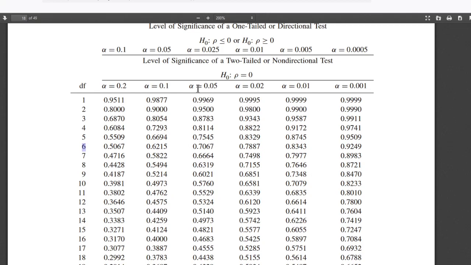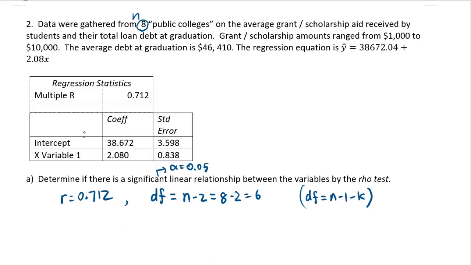In our case, at 0.05 significance level with degrees of freedom 6, you see where they meet. They meet at 0.7067. So the critical r is 0.7067.